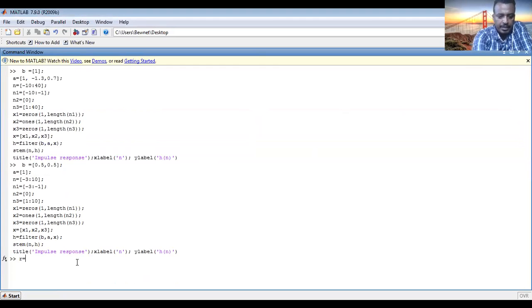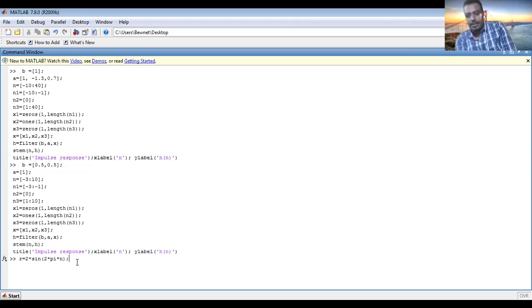Let's apply a discrete time sinusoidal as input to the system: sine of 2 times pi times n. This is our input, right?